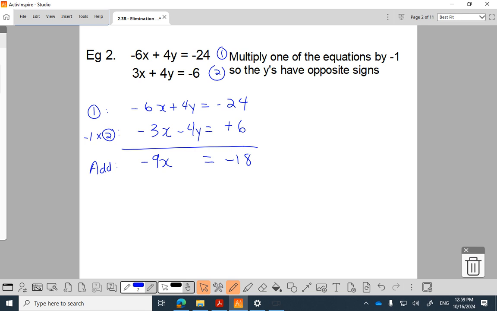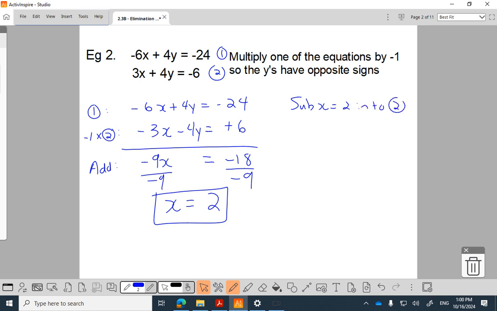What's the opposite of multiplying by negative 9? Dividing. Okay. So some of these steps get very repetitive. We're doing them again and again. Negative 18 divided by negative 9? 2. Box it. And I'm going to sub x equals 2 into equation 2. What's 3 times 2? 6. Good.